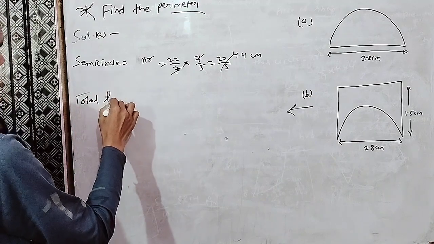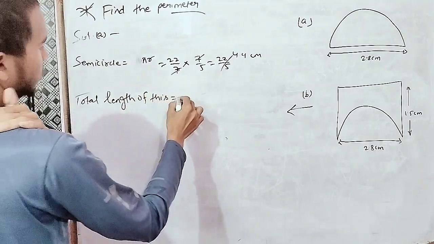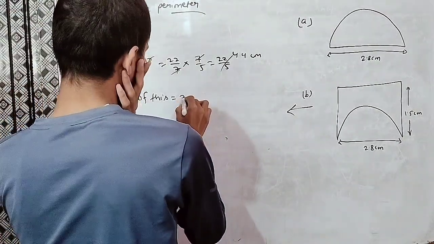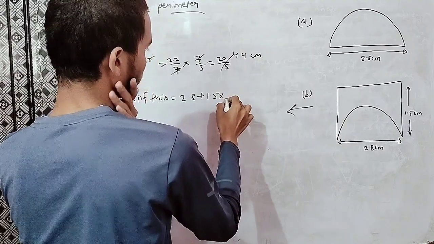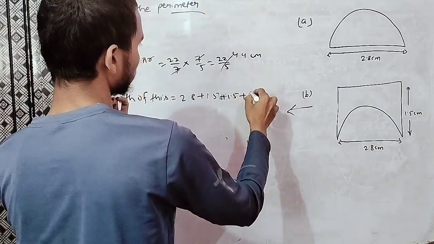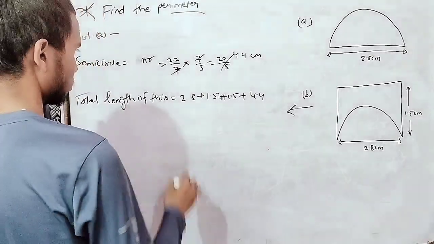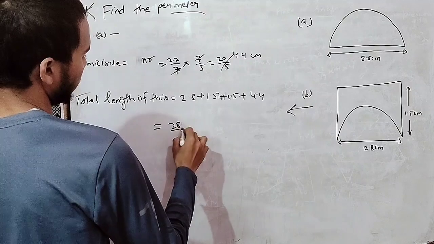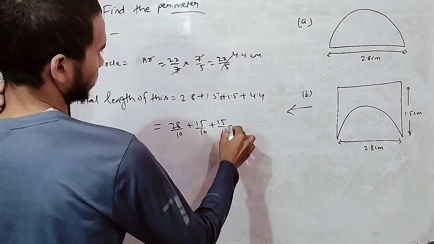Total length of this is 2.8 plus 1.5, then plus again 1.5, then how much? 4.4. 28 by 10, 15 by 10, 15 by 10.